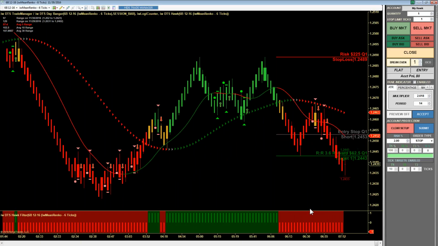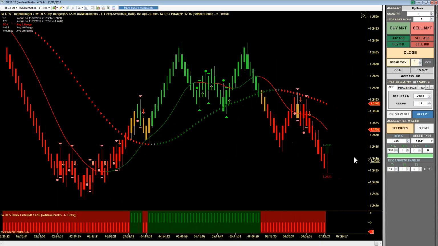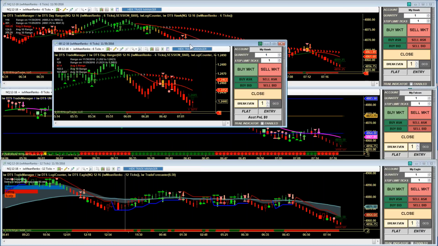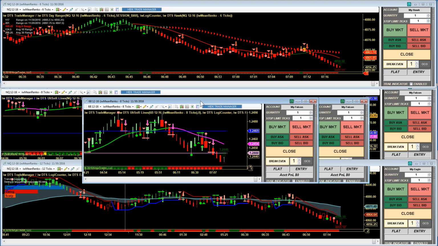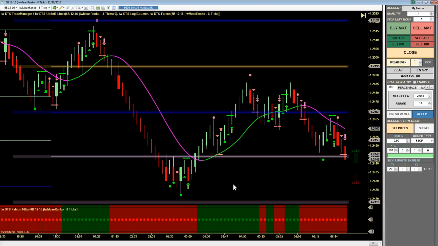And a nice little scalp through that as well. So the British pound still trying to get a little rally going on, but they keep getting knocked down. That whole Brexit thing really putting a wrinkle in the pound.